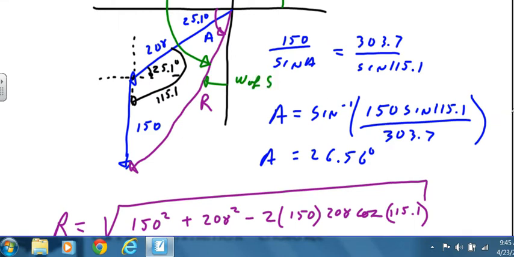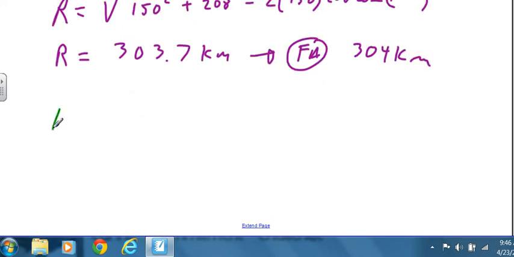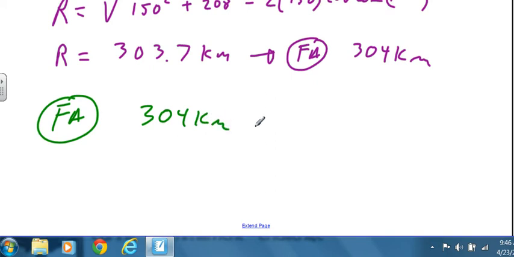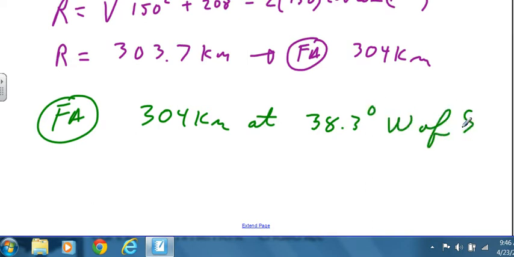So 90 minus 25.1 minus the answer I just got means this angle here is 38.3 degrees. So my final answer is going to be 304 kilometers at 38.3 degrees west of south.